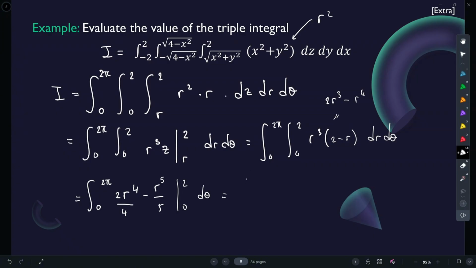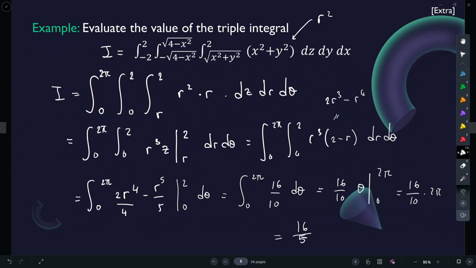And then I get the inside becomes 16 over 10, d theta. And then this is 16 over 10 times the integral of theta between 0 and 2 pi, which is going to be 16 divided by 10 times 2 pi, which is 16 divided by 5 pi.